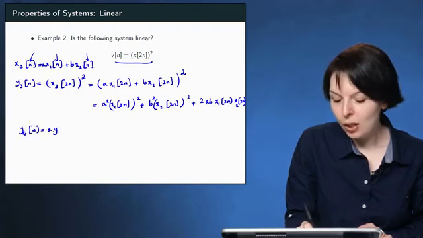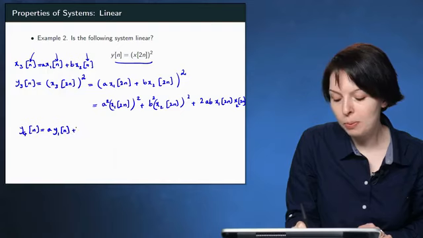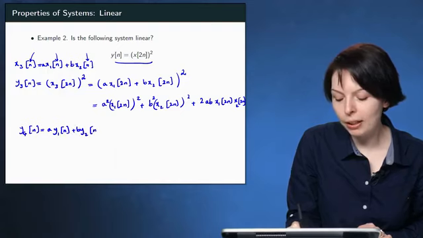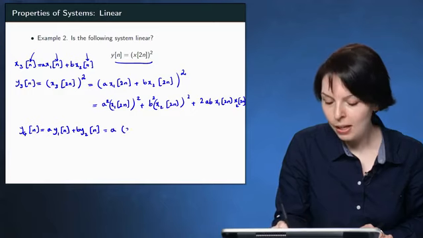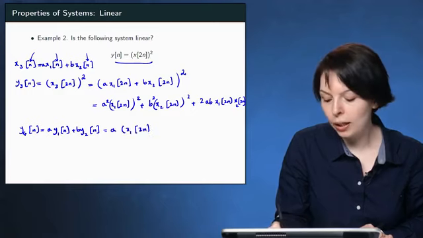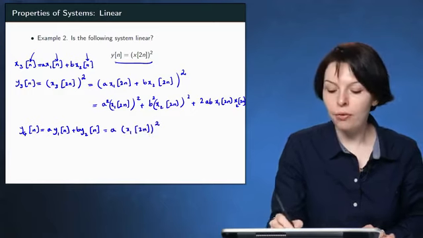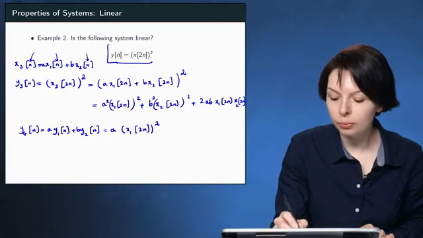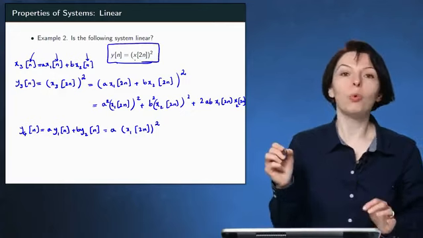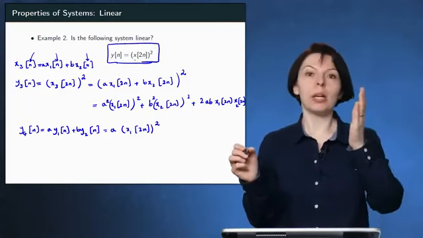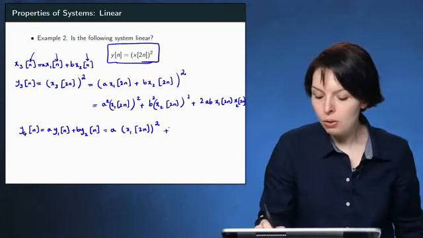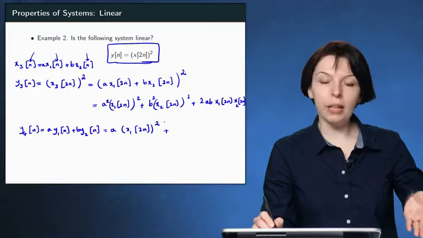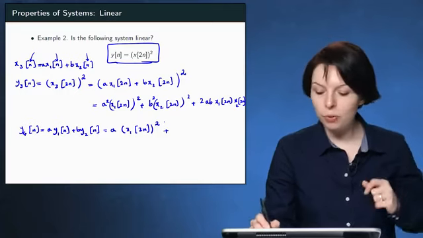That's equal to a times y1 of n plus b times y2 of n, which is equal to a times x1 of 2n to the power of 2. If I have y of n and I want to find y1 of n, which is the response to x1 of n, I can use this expression here. So the response y1 of n is x1 of 2n to the power of 2.